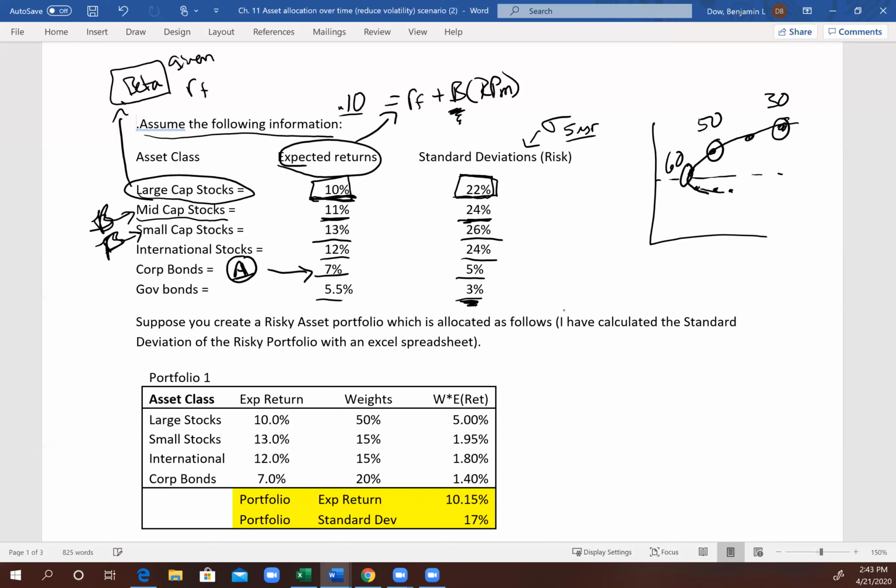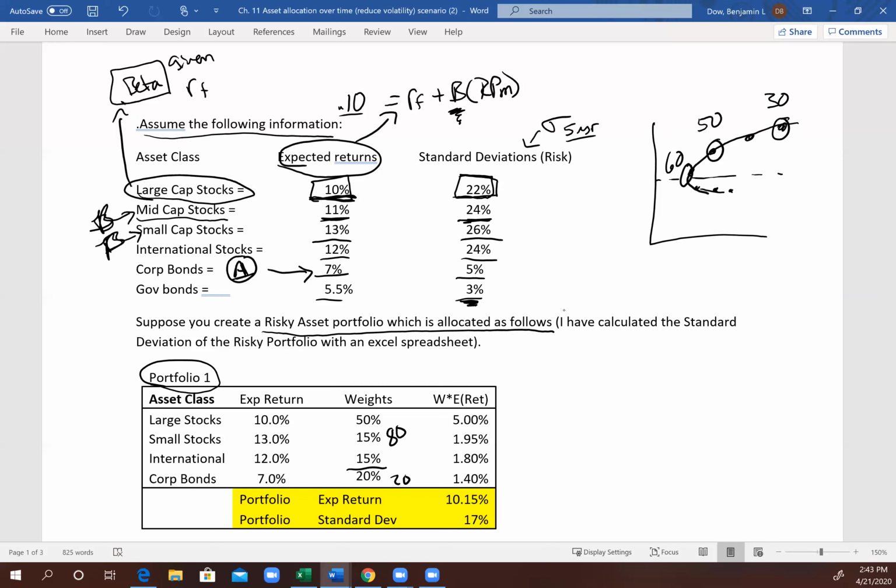Okay. So suppose you create risky asset portfolio 1. It's made up of 80% stocks and 20% bonds. Okay. And notice we don't have any government bonds. We don't have any mid-cap stocks. We're just using large, small, international, and corporate. Okay.